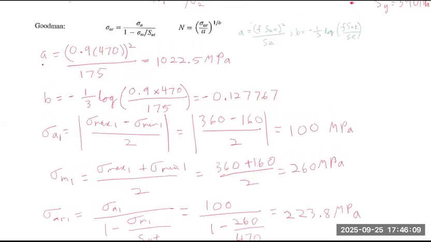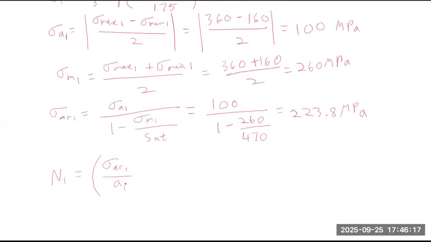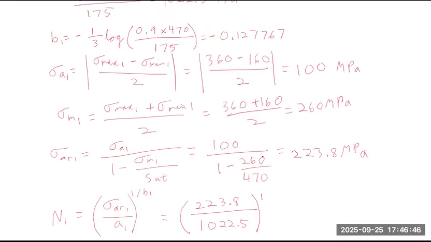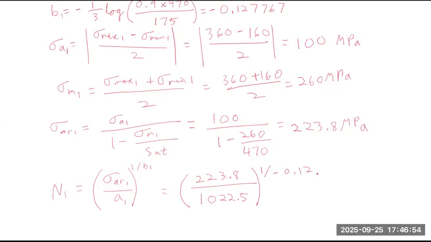Actually, all these should really be A1, B1, and so on. That is 223.8 over 1022.5, to the power of 1 over negative 0.1277667, and this will give you 145,920 cycles.